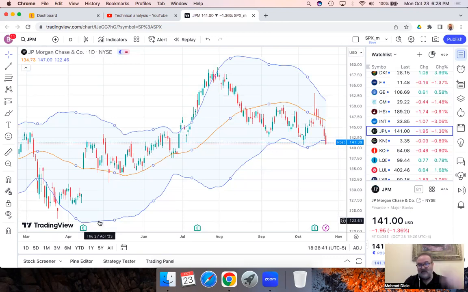It's two standard deviations each side. As the candles get smaller, notice how you have a neck. And then as you have bigger candles with more movement and volatility, then you expand again.